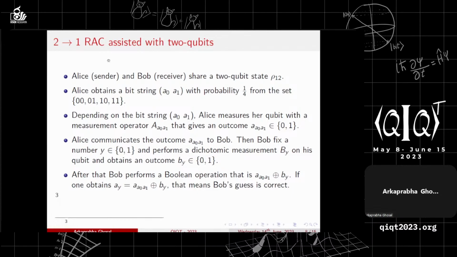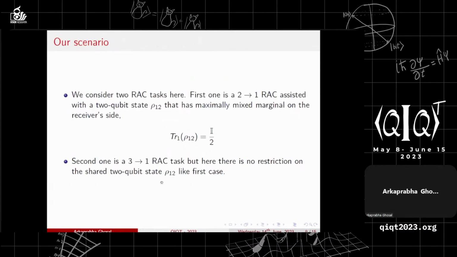And the 3-to-1 RAC is nothing but a general extension of this particular problem. That means there will be an input string of length 3 and there will be 8 possibilities, and accordingly Bob will compute the same function. Well, now in our scenario, it is a 2-qubit assisted random access coding problem, so there are some restrictions imposed on the 2-qubit state.